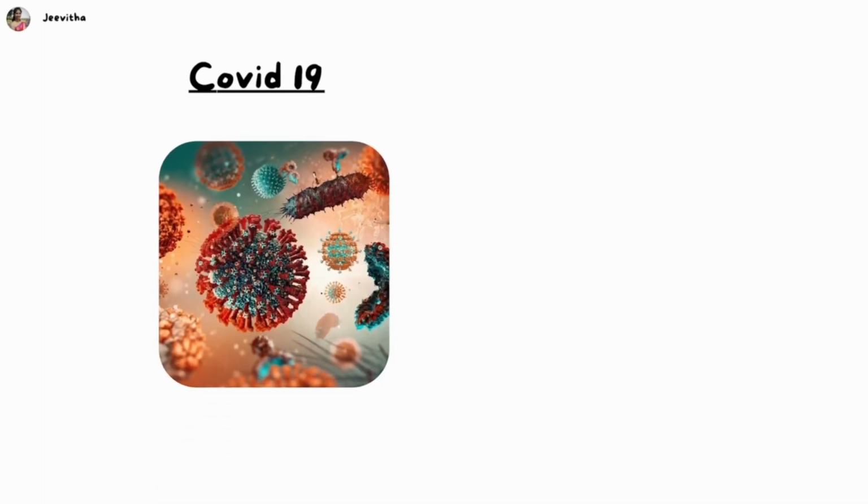Let's take one more example, COVID-19. During COVID-19, we were all fed up hearing about total deaths, total recovery rate, and how many cases. Along with that, the government took a very good initiative to introduce medicine to cure or control COVID-19.